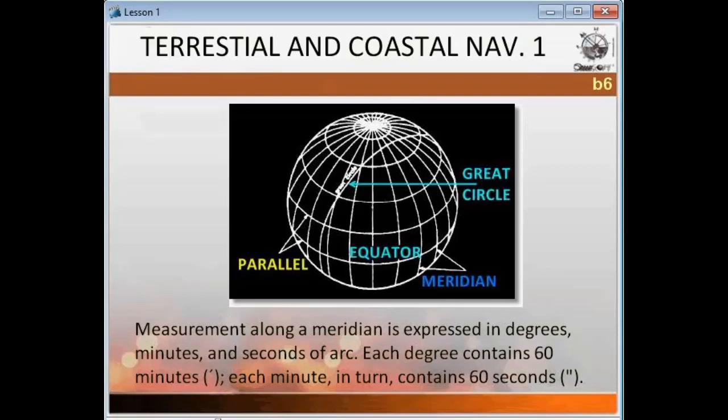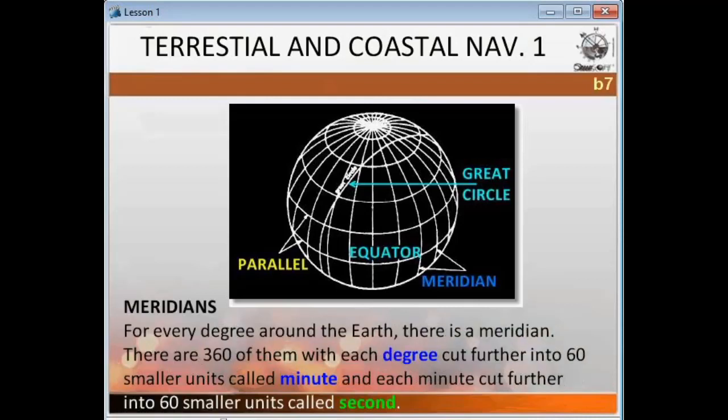Measurement along a meridian is expressed in degrees, minutes, and seconds of arc. Each degree contains 60 minutes. Each minute, in turn, contains 60 seconds. For every degree around the Earth, there is a meridian.